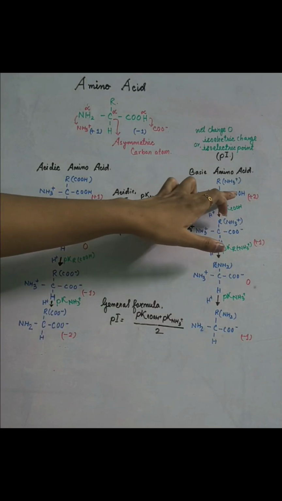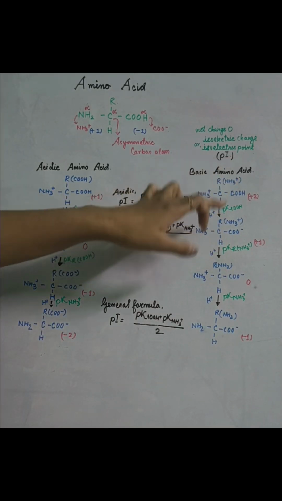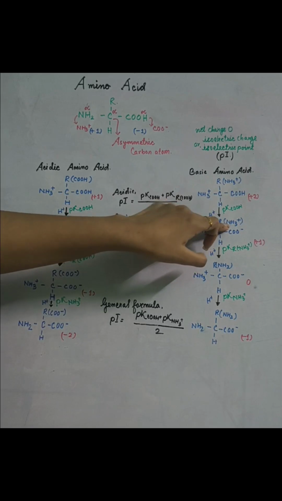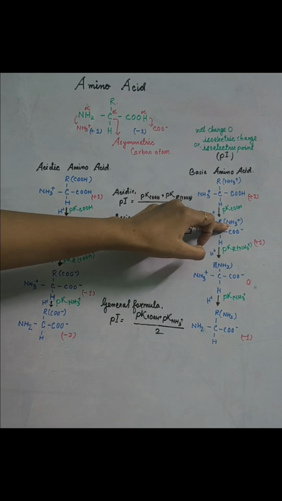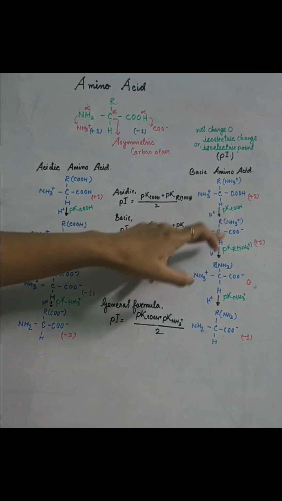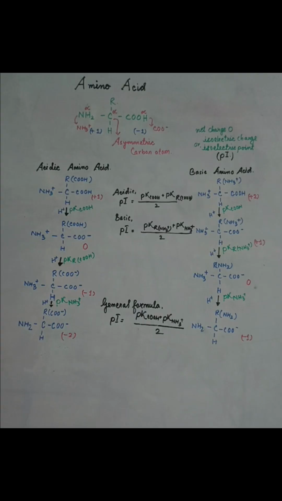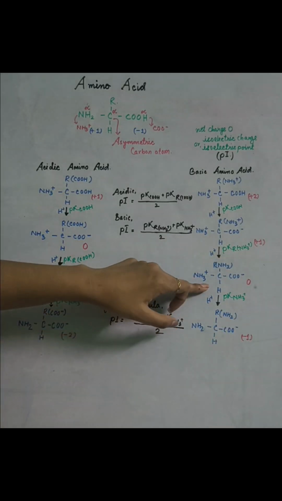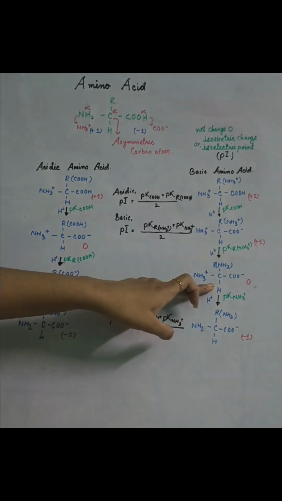Again, after the release of the H+ from the alpha COOH, the H+ is removed from the R group, that is the NH3+, becoming NH2, and here the net charge is 0, and that means this is the formation of zwitterion.